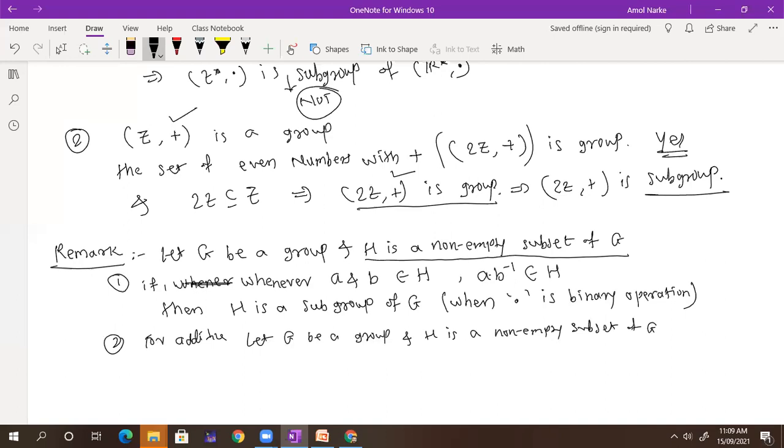If for all A and B belonging to H, we have A minus B also belonging to H, then H is a subgroup of G. Write down those two remarks.